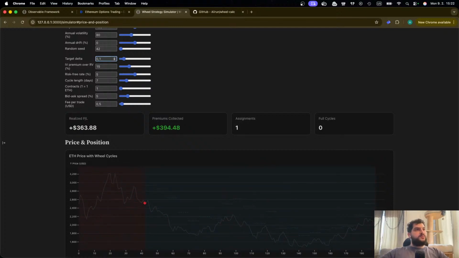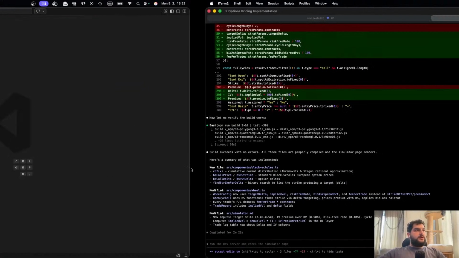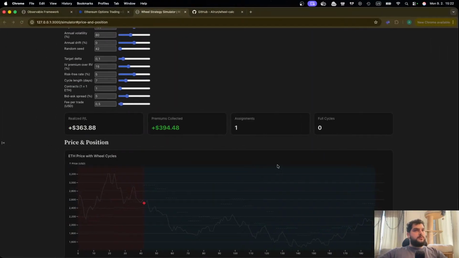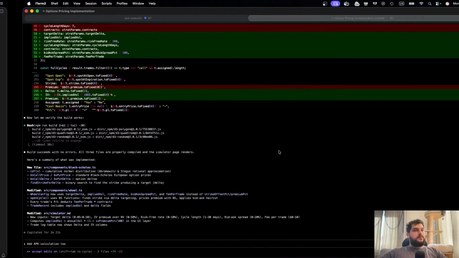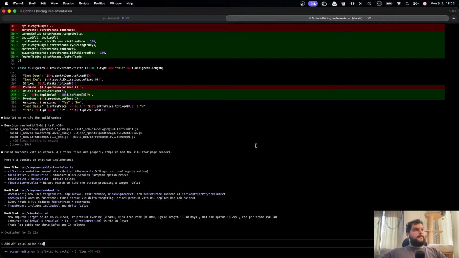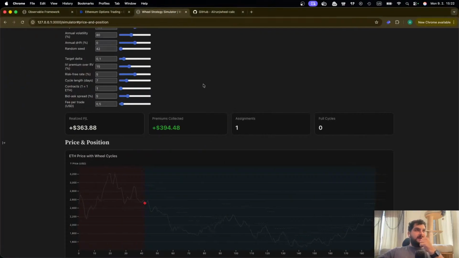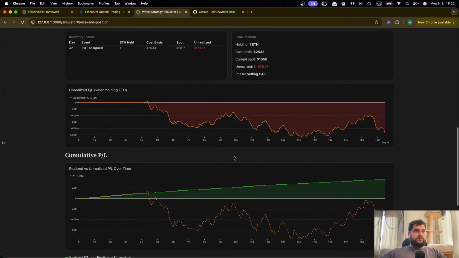And probably this is what we want to run. Well, I just asked it to add an APR calculation. I just wanted to do this. Not sure even if it's good or not.